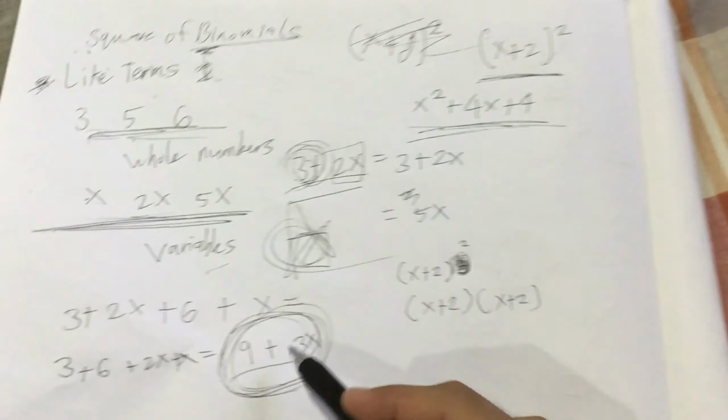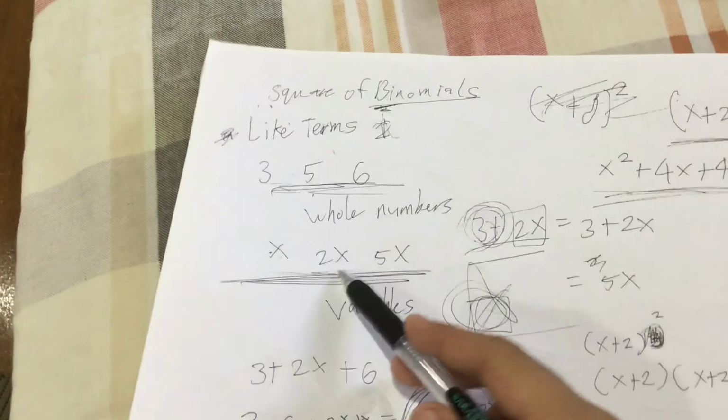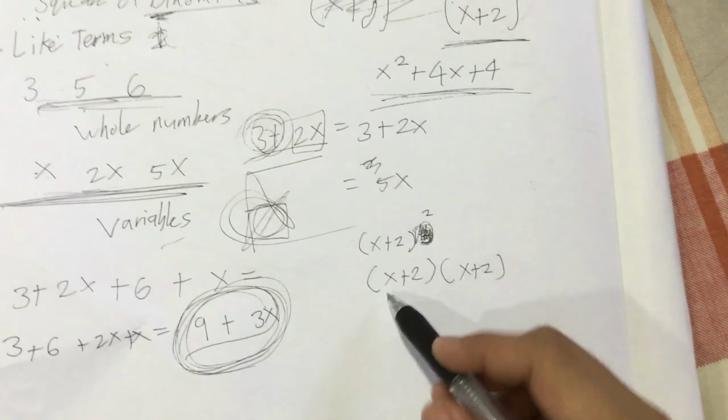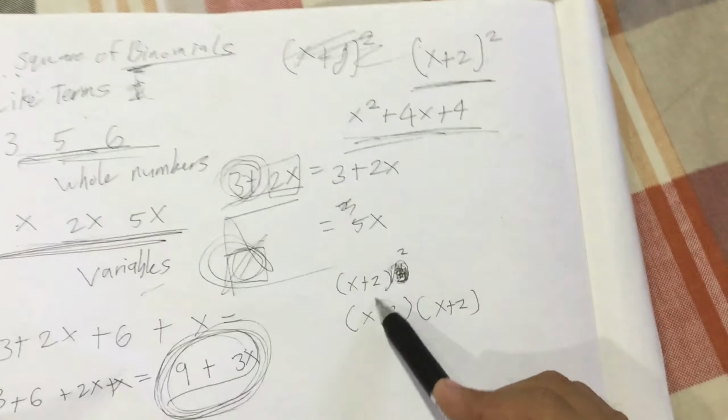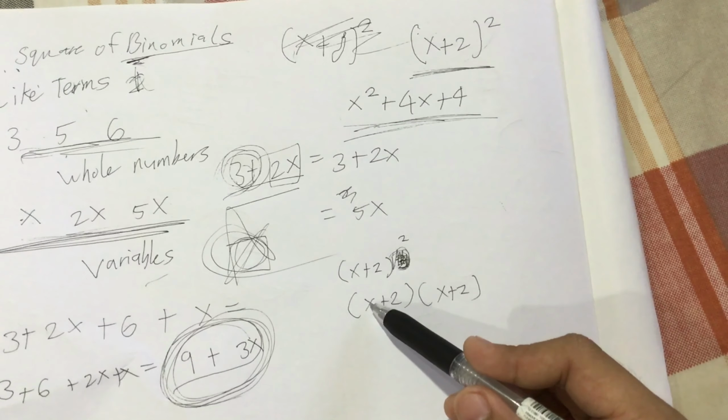Okay, this involves multiplication, and here's the thing: in multiplication, you can actually multiply variables to whole numbers. You know, I'll just show you an example. Okay, and like terms, it doesn't matter in this square of binomials anymore. Okay, so first, here's how you do it.